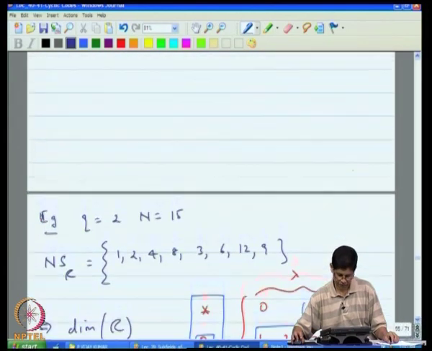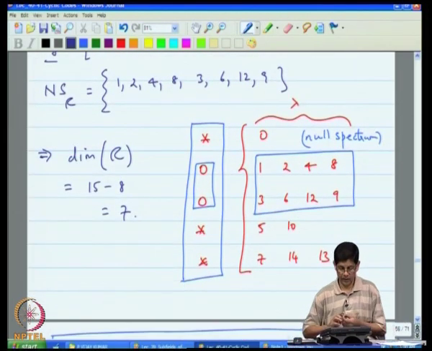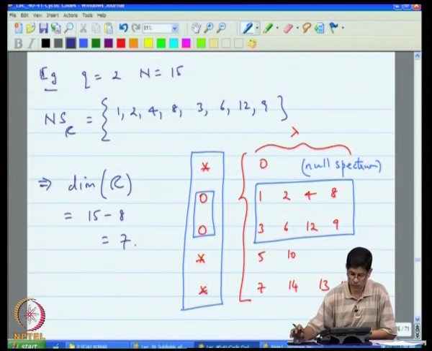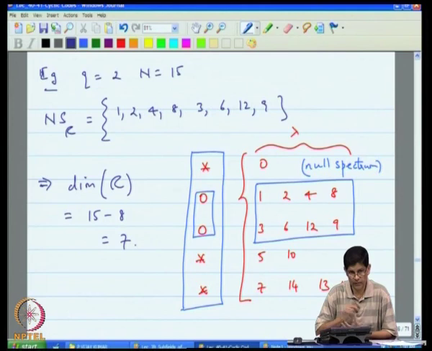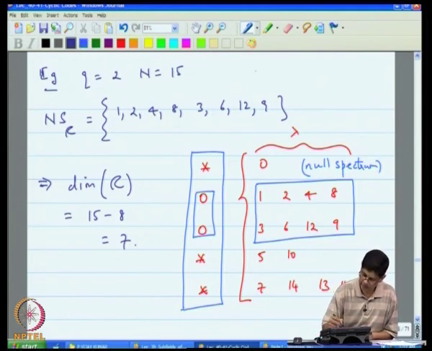Okay, here we go. So, you see that here q is 2, n is 15. So, n is 2 to the 4 minus 1. So, that parameter m in this case, I may as well write it down here, that parameter m was equal to 4.